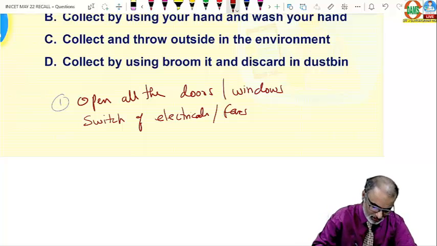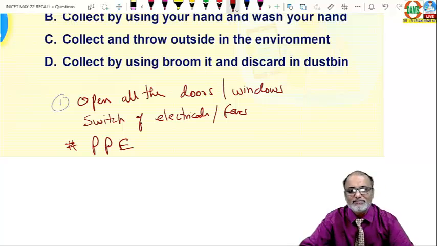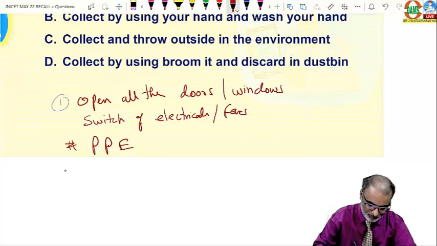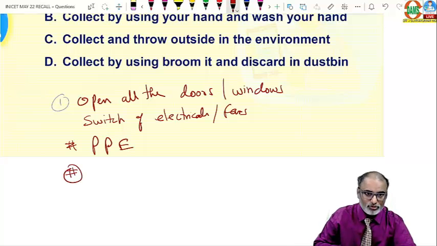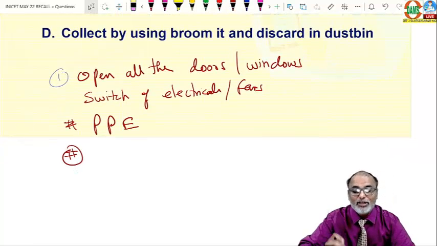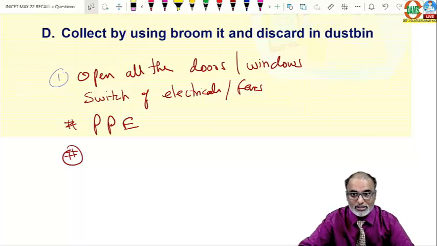And very, very important, wear PPE, personal protective equipment, goggles, gloves, everything. And you need to collect the mercury beads in a certain way. You should not take it with your hands because it makes more beads.